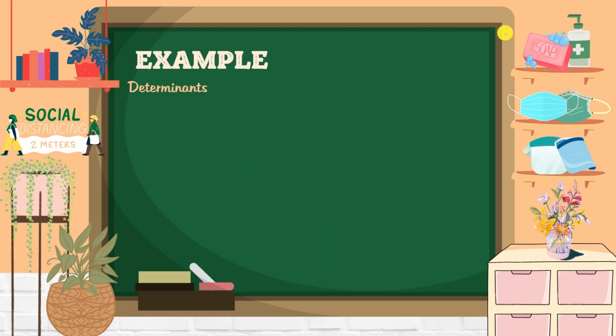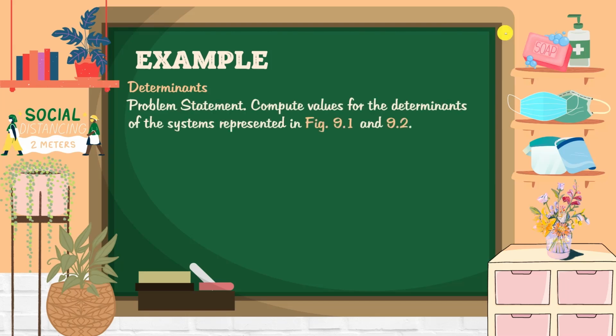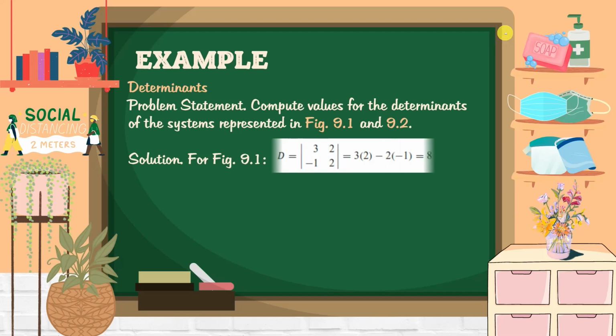So let's have an example in finding the determinants of the matrix. Let's compute the values of the determinants of the system represented in figures 9.1 and 9.2. If you recall our example in the uniqueness of the solution, you will notice class, this is the result from our uniqueness of the solution.